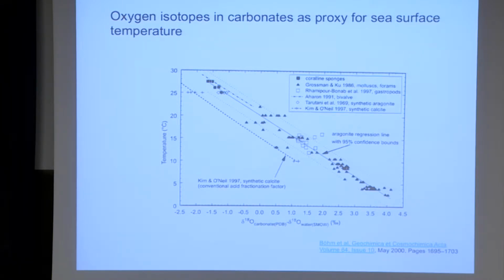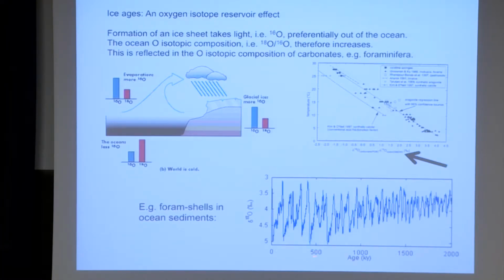So when we reconstruct on long time scales, for example, if we go to millions of years, 1 million, 2 million years, we have a problem immediately for this proxy, which is that we can no longer assume, in fact we know now that it's not true, that the oxygen isotopic composition of the water is constant.